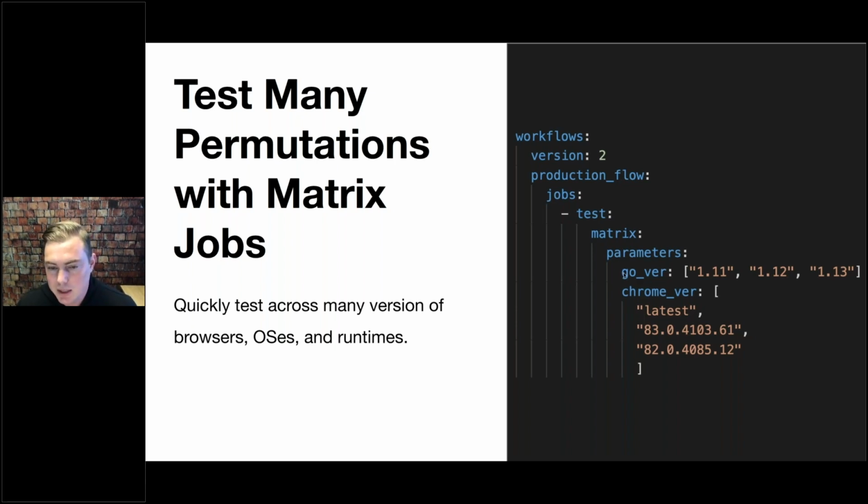In this particular case, I'm creating a matrix with a set of parameters, one being a version of Golang that I want to build my application against, and the other being a Chrome version that I want to test my app against. And what the matrix jobs will do is it'll calculate the Cartesian product of all those different variables and automatically create all of the jobs needed to test all those various different permutations.